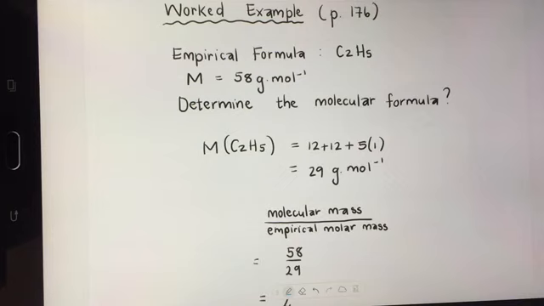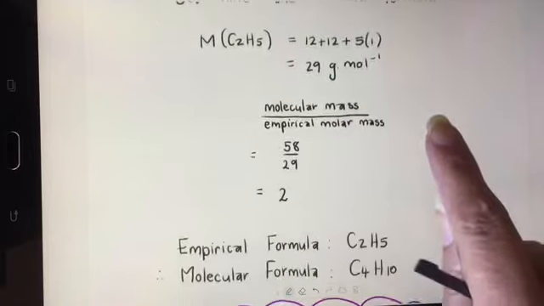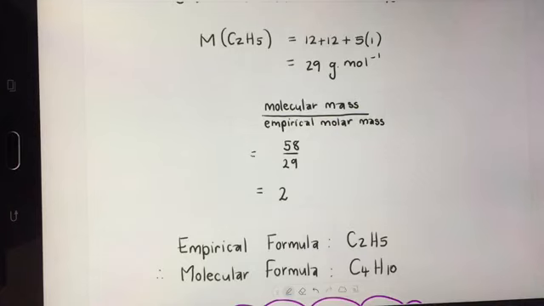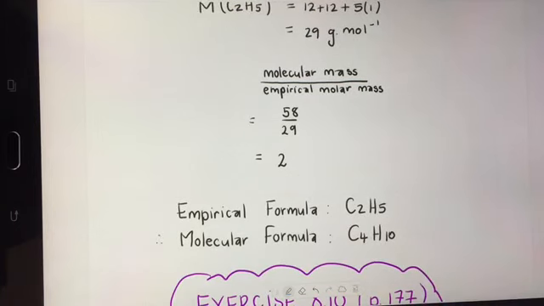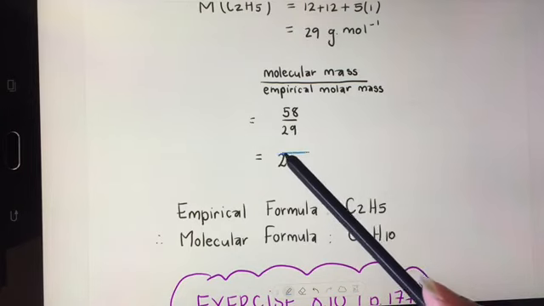If I then take the molar mass that is given, divided by the molar mass that I calculated for the empirical formula, which is the 29, I get 58 given, divided by the 29 that I calculated, and that gives me 2. So that means if I've got the empirical formula and I want to determine the molecular formula, I must double everything.